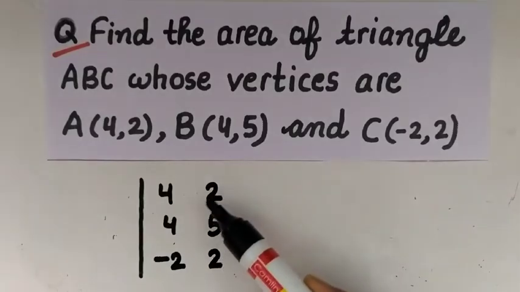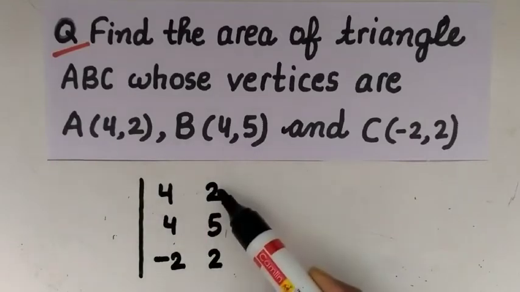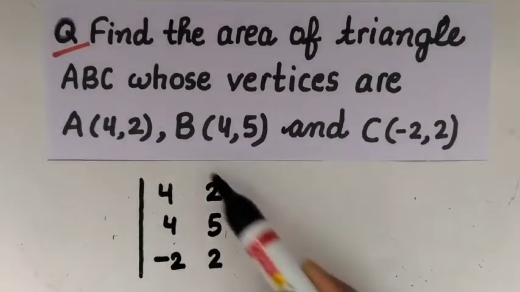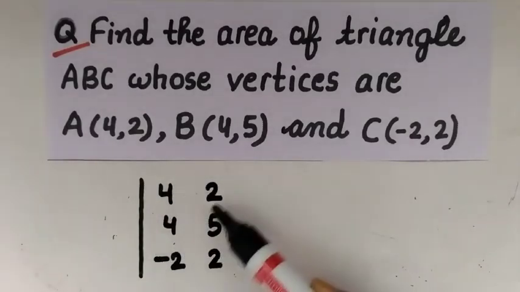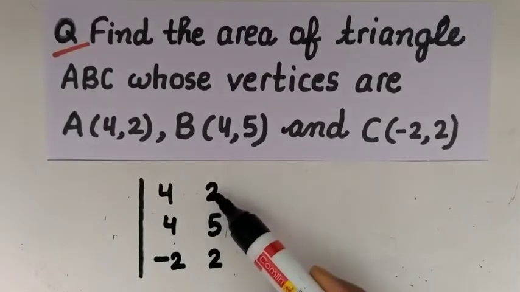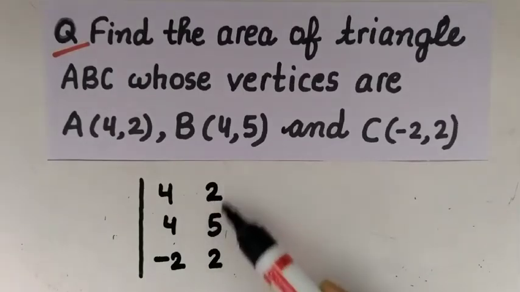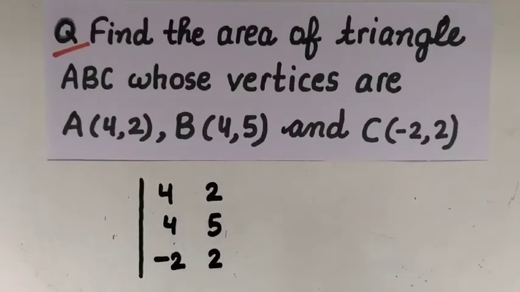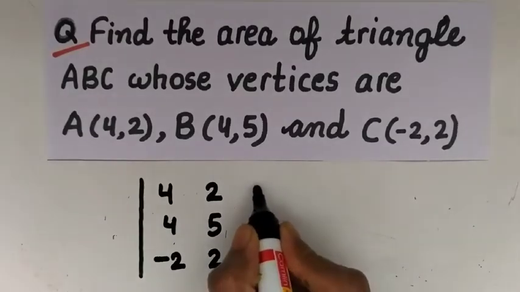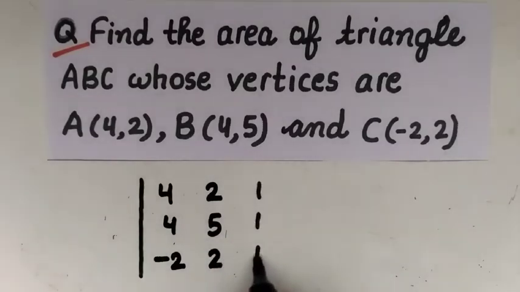I have written the coordinates of vertex A first, then B, then C, but you can write in any order. You can write the coordinates of vertex B first, then C. Now in the third column, all entries will be 1.